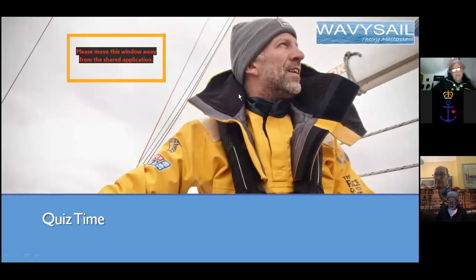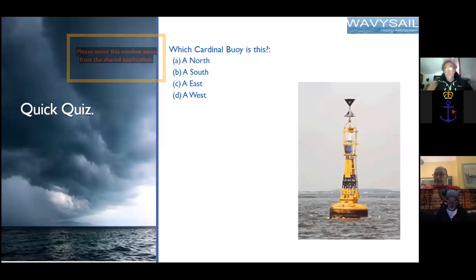So if we have a look at those ones, let's have a quick little quiz, see how we do here. Which is this cardinal buoy? North, south, east, or west? Let's have a look, see what the answers are coming out like. Getting lots of right answers here.